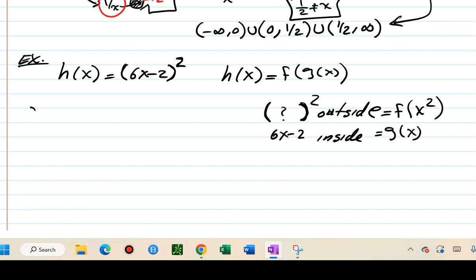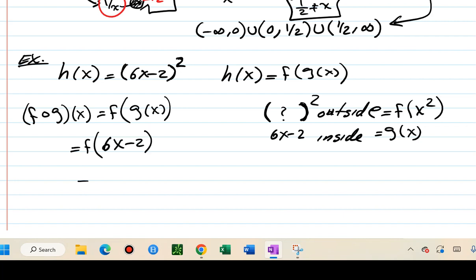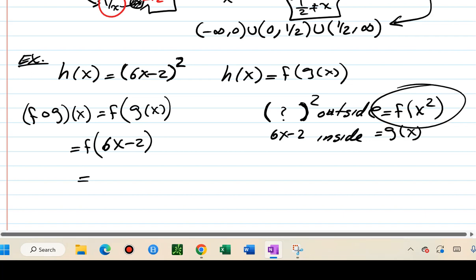Now let's do that composition of f of g of x. For instance, if I do that, that's f of inside. I said my inside function is 6x minus 2. So how will f process this? This is my f. F will square its inputs, right? There you go. See how that worked?